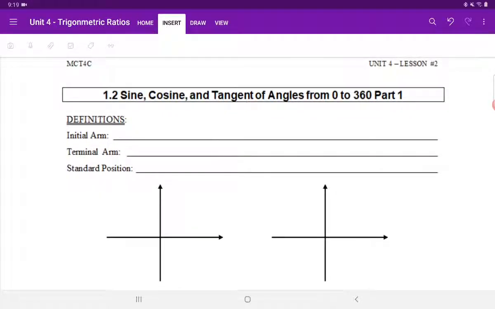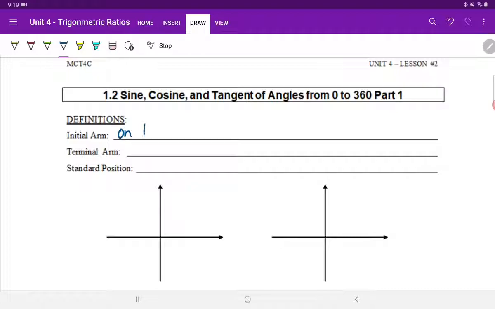All right. So let's start with what's known as the initial arm. Okay, so the initial arm is always going to be on the positive side of the x-axis.